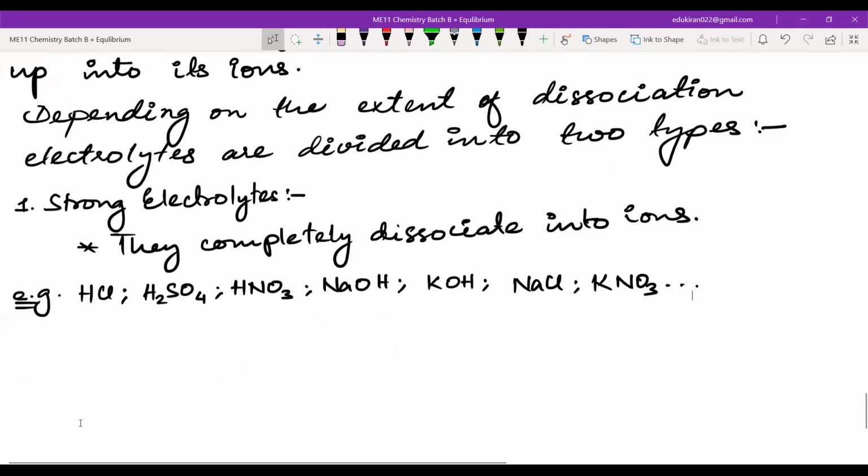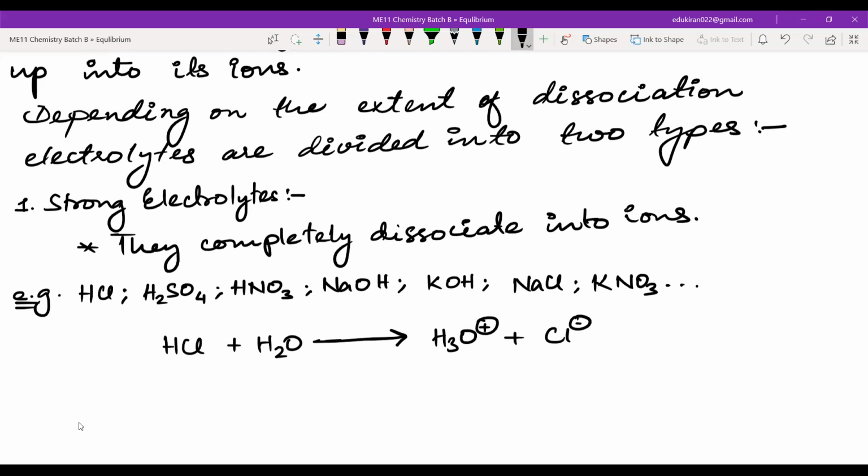Now, since they completely ionize or dissociate, I can write that HCl plus water, a double-headed arrow, simple like this, and it is going to give me H3O+ and Cl-. Now, in terms of equilibrium, what does it mean?